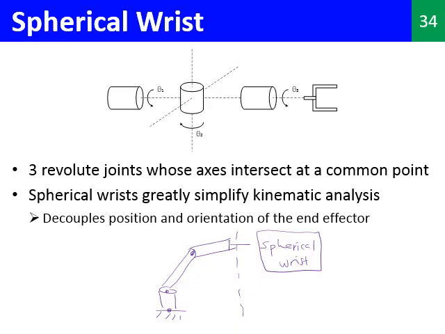Kinematic analysis of manipulators can be greatly simplified if there is a spherical wrist because we can decouple position and orientation of the end effector. So for now, we will look at the forward kinematic aspect of the spherical wrist, but later we will revisit this arrangement when we study inverse kinematics.